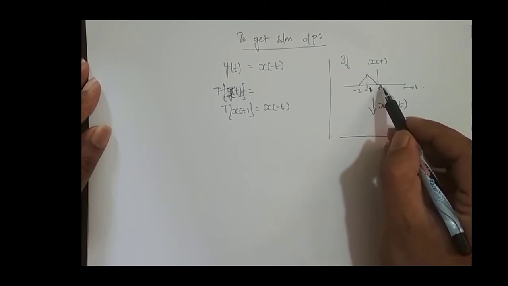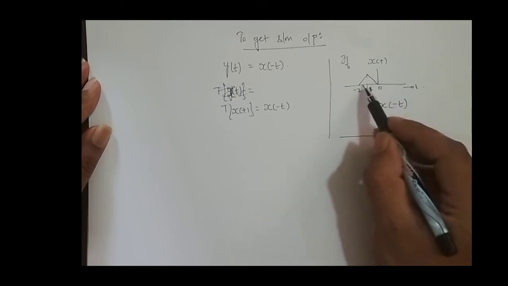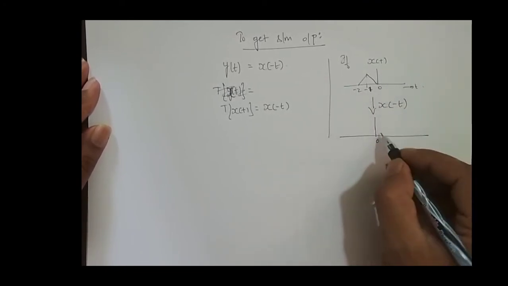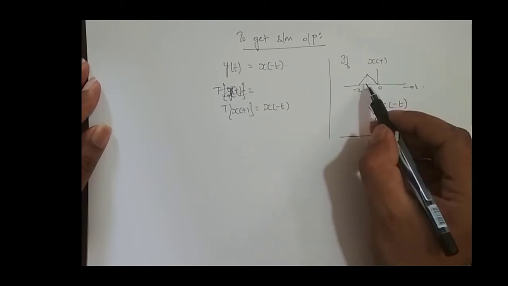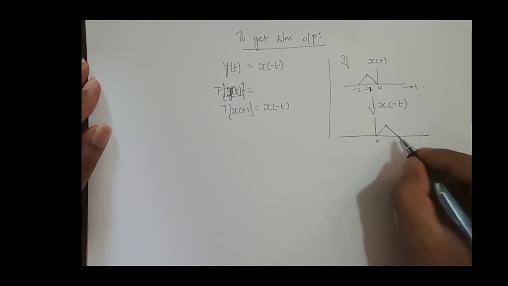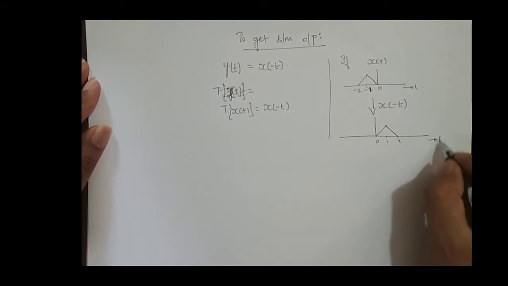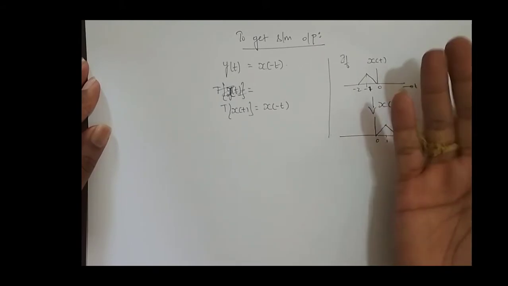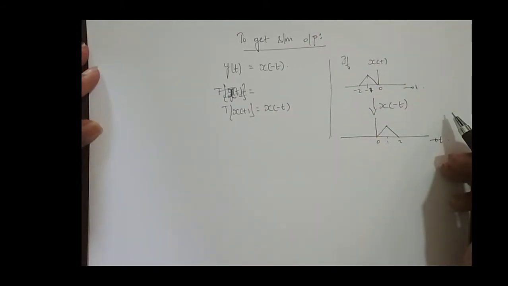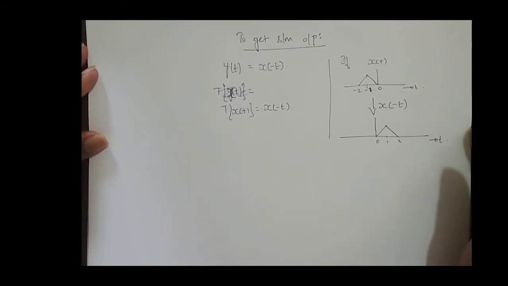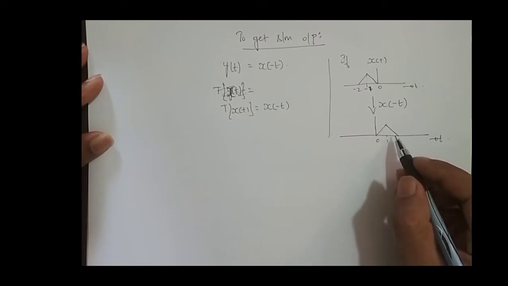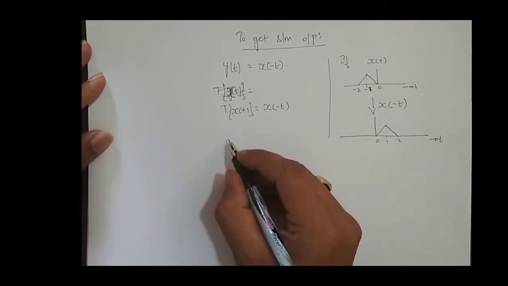Since I don't have any amplitude in the positive side of t, the negative side amplitude is 0. Now the negative side amplitude goes to the positive side, which is like this. This is 1, this is 2, right? So it's nothing but the flipped version of the input signal x of t with respect to the time axis t equal to 0. We call it time reversal, right? Okay.